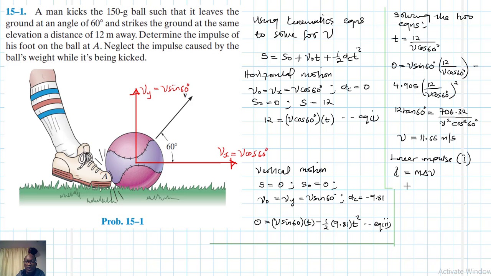Then we have our v naught here equal to 0, and we have our v final equal to 11.66. This is at A. Don't confuse this. This is all at A.